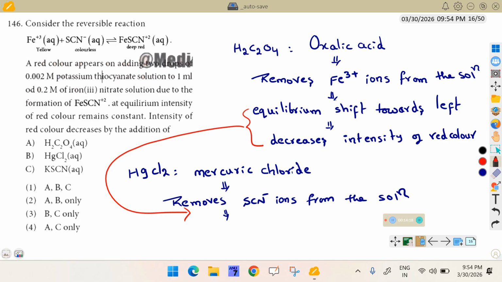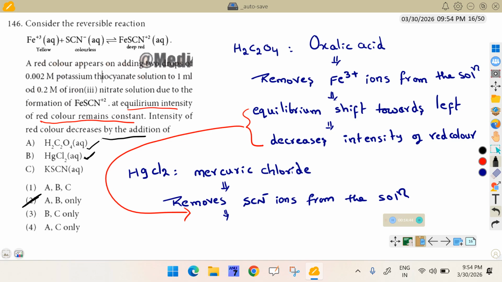At equilibrium, the intensity of red color remains constant. The intensity of red color decreases by the addition of H2C2O4 as well as HgCl2. The correct option is the second option.